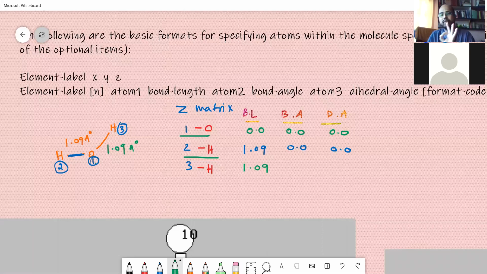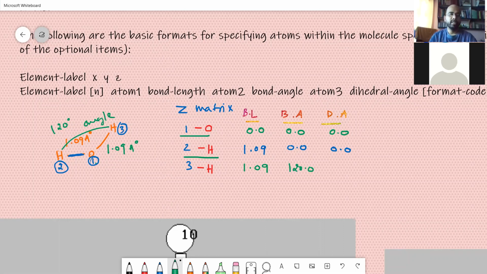You require a minimum of 3 atoms for describing a bond angle. Now the third atom has come. Therefore, what is the angle between this hydrogen, the oxygen and the other hydrogen? You can roughly take it as 120 degrees. So for the third hydrogen atom, I'm just writing 120 degrees.